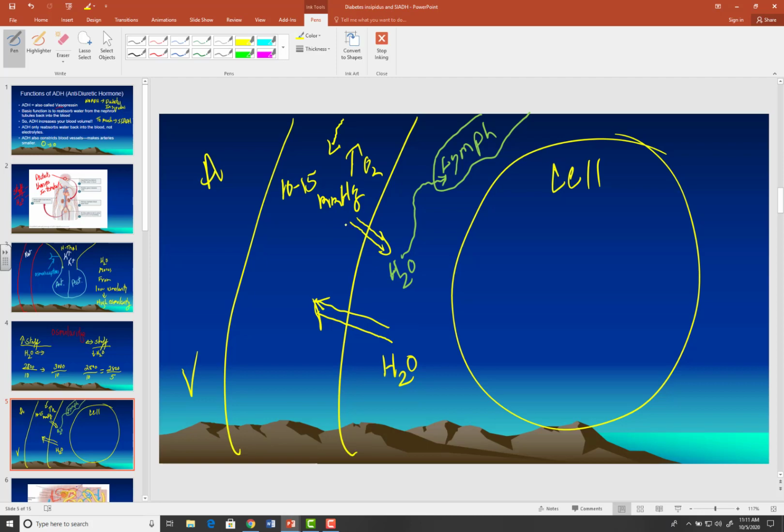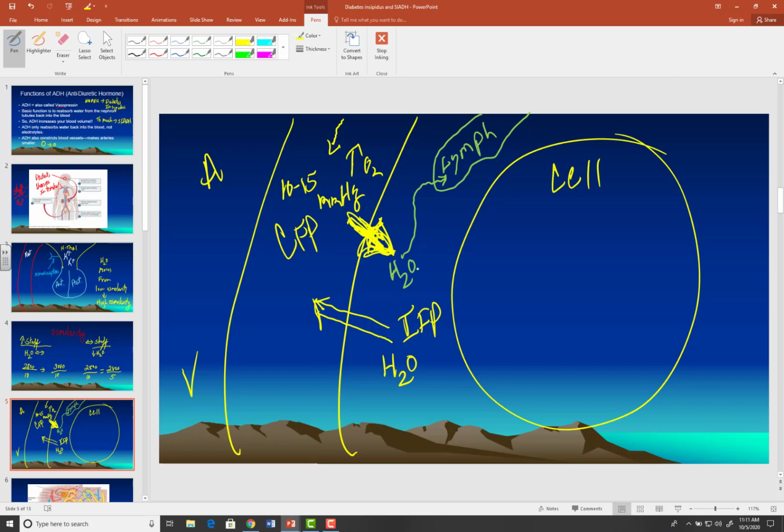Now, normally, capillary fluid pressure tends to be greater than what's referred to as interstitial fluid pressure. So there is a net movement, because the capillary fluid pressure, pushing fluid out into the interstitial space, tends to be greater than the fluid in the interstitial space getting pushed back in. So there is a movement of water out of the capillary and into the interstitial space.